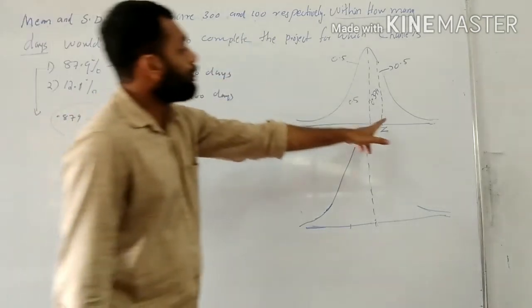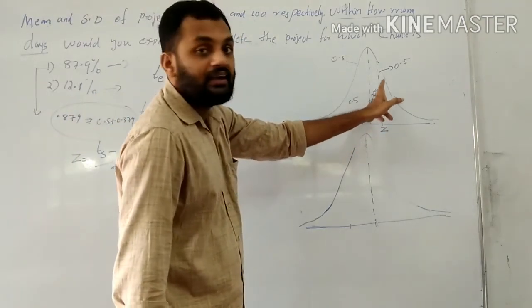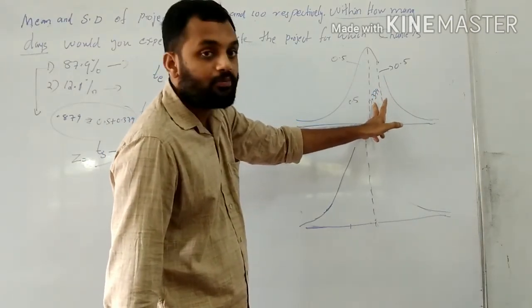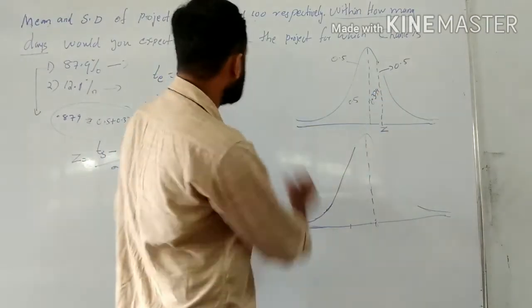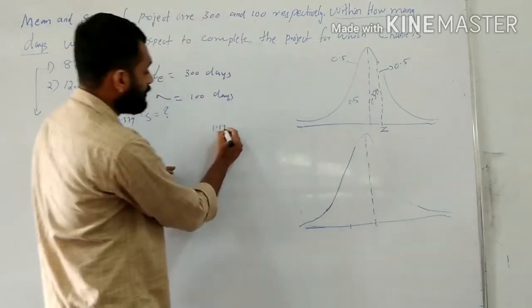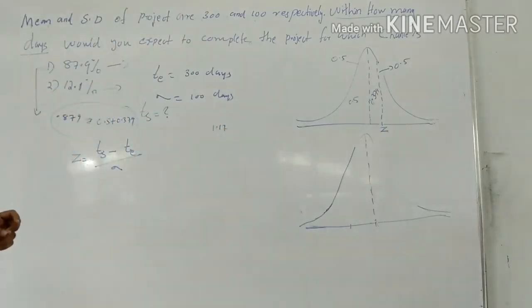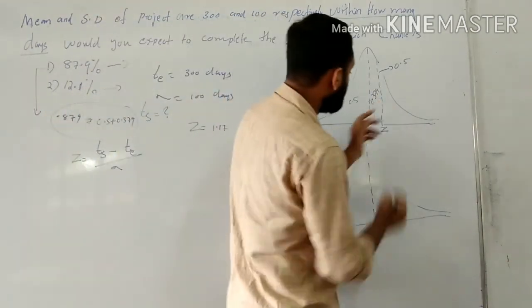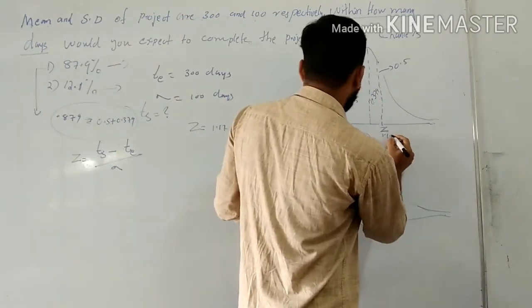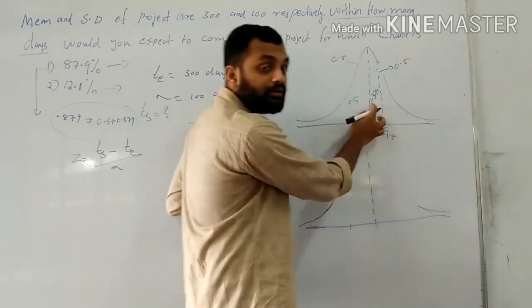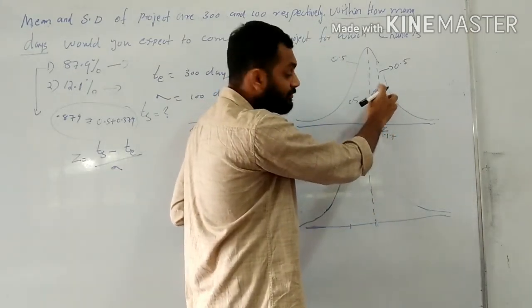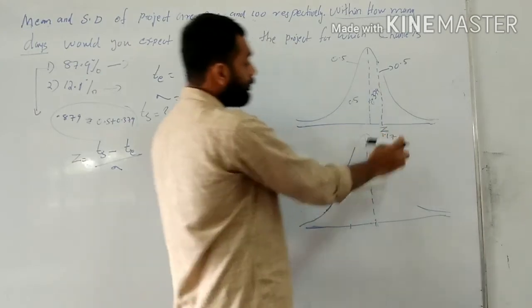The table value of the area 0.379 for Z is 1.17.